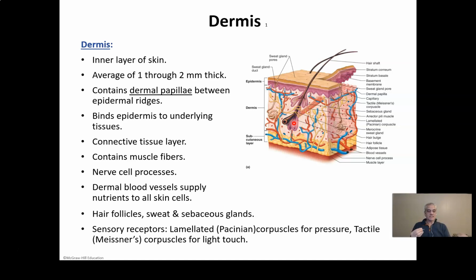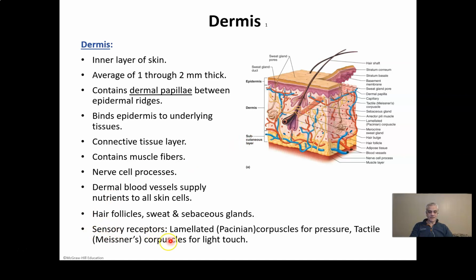But the tissue itself, the tissue that creates hair, is of epidermal origin. So there's a difference between where it resides and where it came from. What tissue did it come from? The tissue it came from is epidermal tissue. Where does it reside? It resides in the dermis.